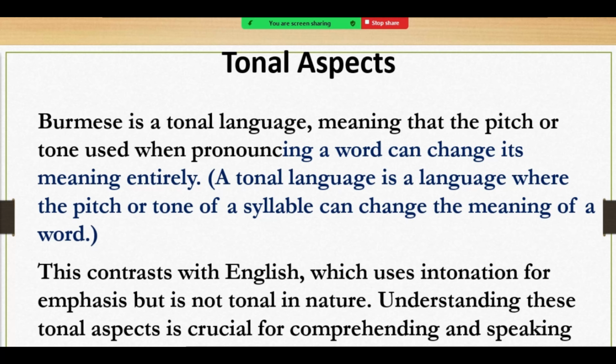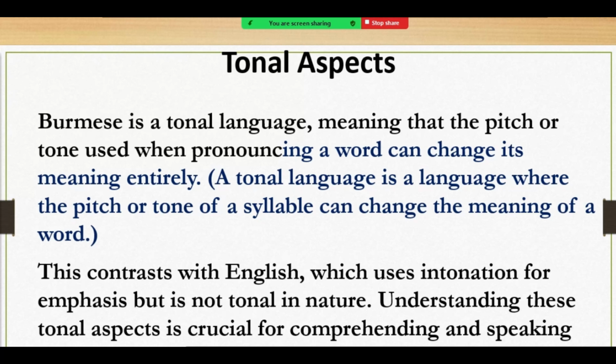If we use rising and falling sound, it changes the meaning. But in English, it's not like that. It's not the case at all. So understanding these tonal aspects is crucial. Crucial means very important, for comprehending, it means understanding and speaking Burmese effectively.